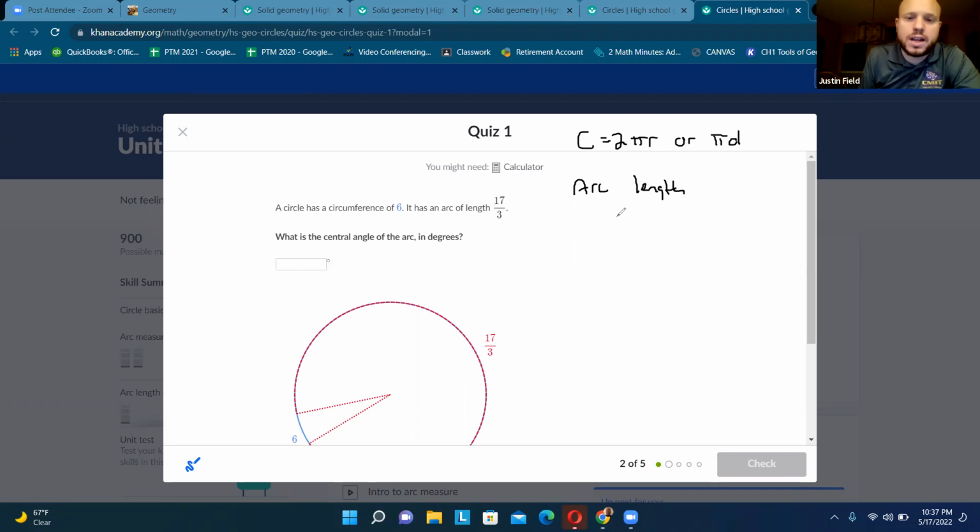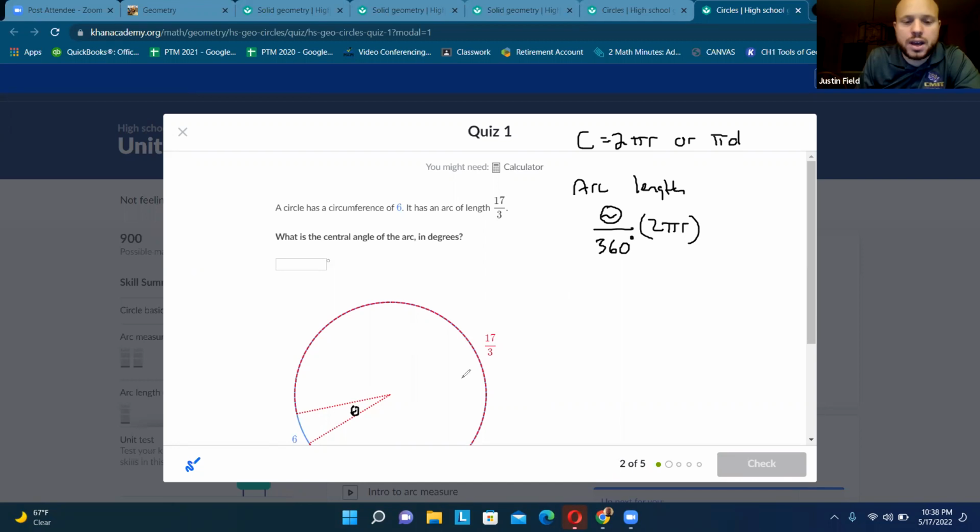And so arc length is going to be the measure of the central angle divided by 360. So it's like a percentage, right? And then we just take that percentage and multiply it by the circumference, 2 pi r. And that's how we do it.